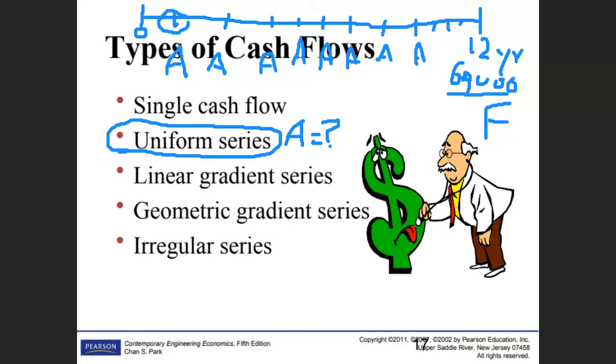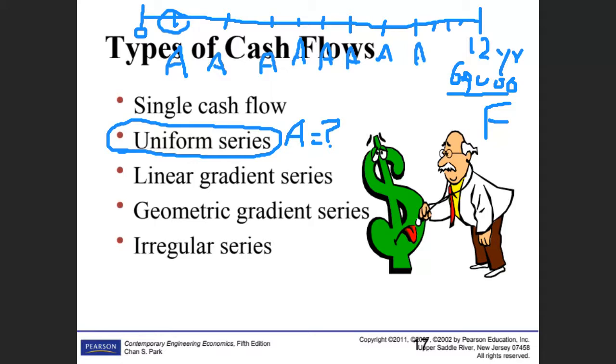Can you see here another example? If you are making an annual saving of 14,000, annual meaning every year, how much will you have in your savings account after 25 years?